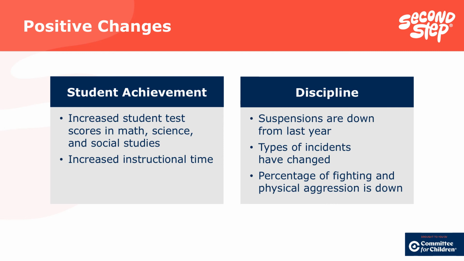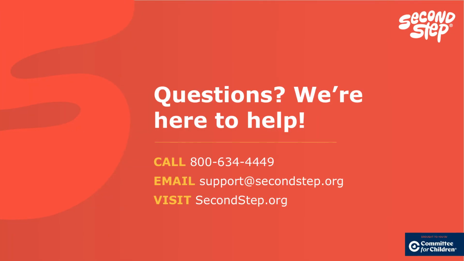They were able to see fewer incidents of fighting and physical aggression. So even though they may have had some office referrals, they weren't as serious. They were becoming fewer and fewer incidents that were more violent or aggressive. So that is what we have to share with you today.